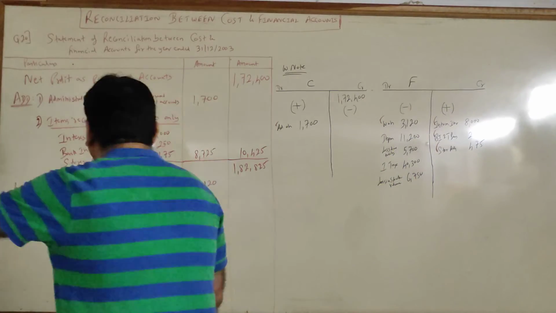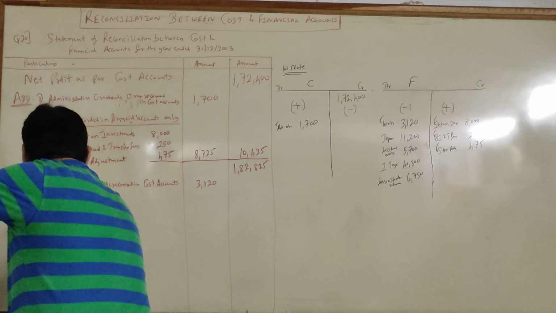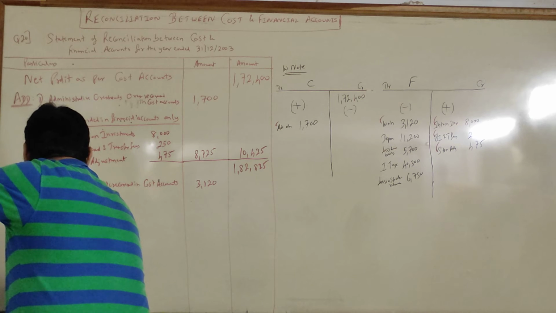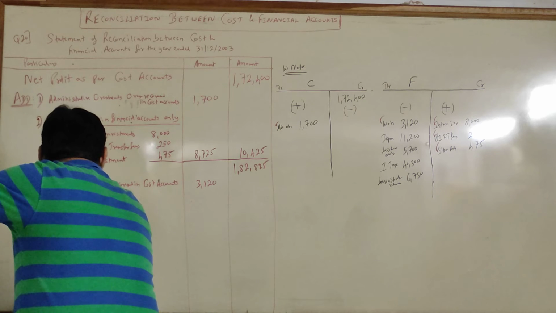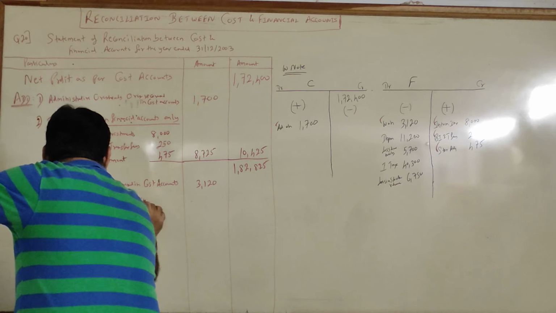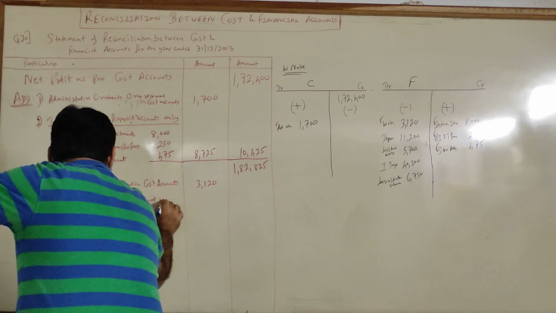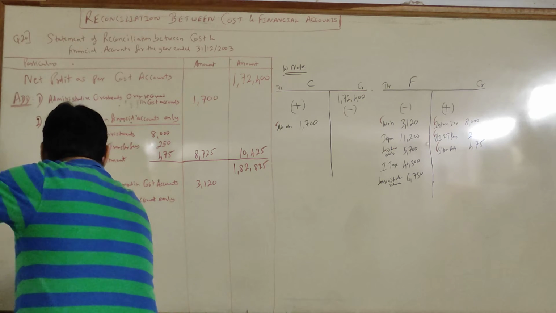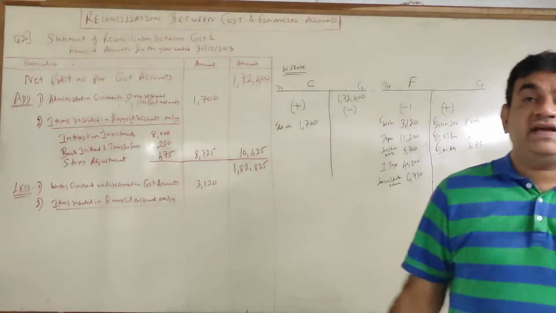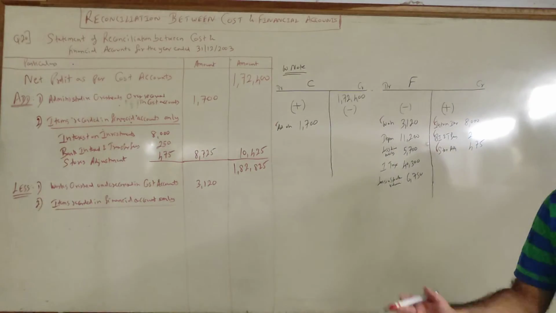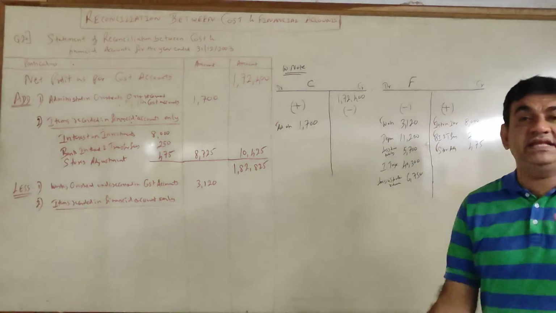Let's say second, items recorded in financial accounts only. You can also write like that. Items recorded in financial accounts but not in cost account. That is also fine. Ultimately the meaning is same.